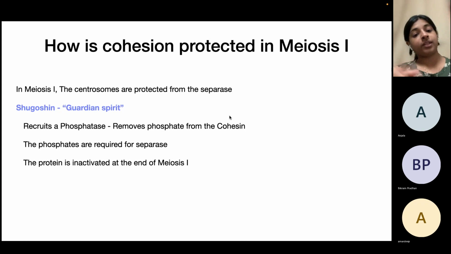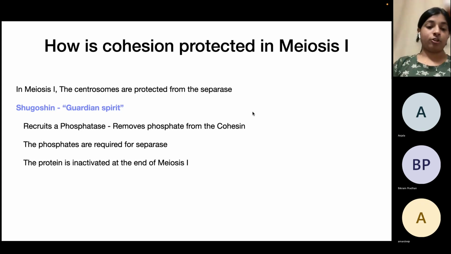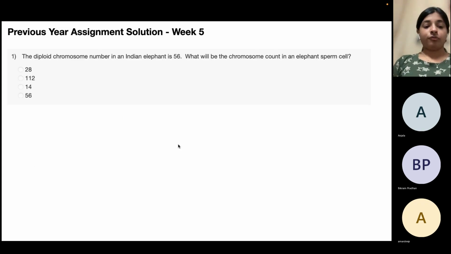Because these phosphate groups are removed, separase is not able to degrade cohesin, which remains intact, and sister chromatids cannot separate into two. This shugoshin protein is inactivated at the end of meiosis 1, because of which in meiosis 2 the events happen very similar to mitosis.